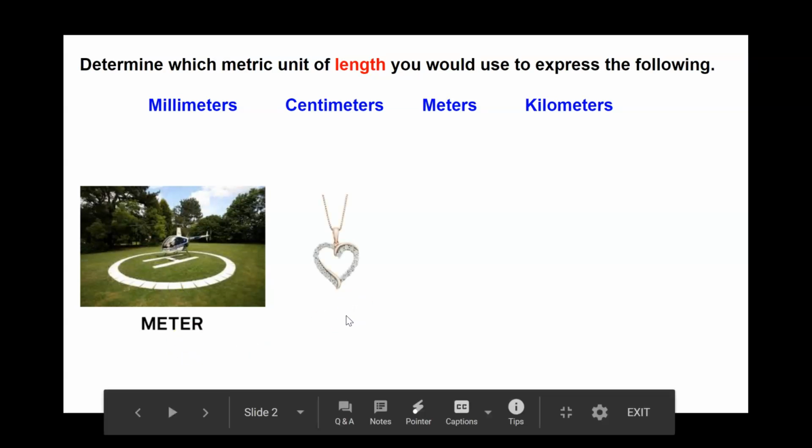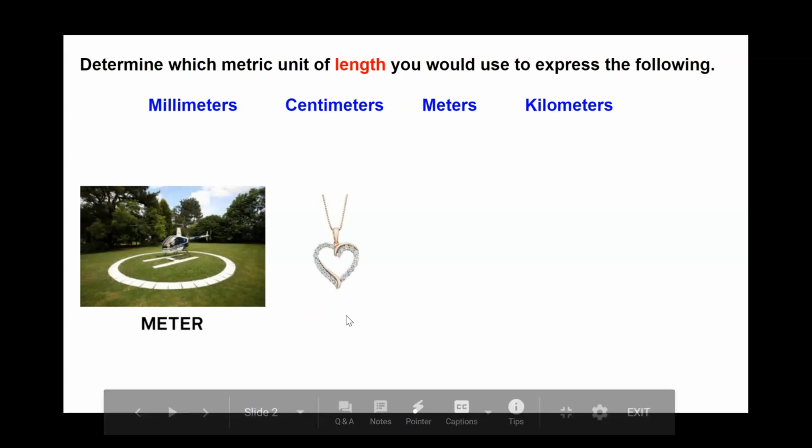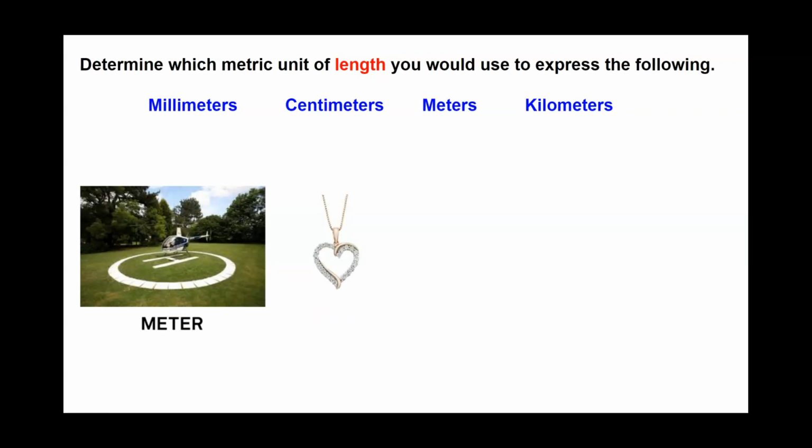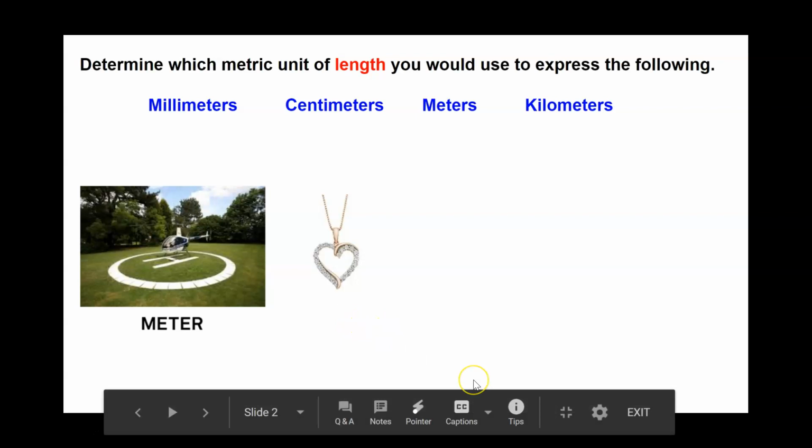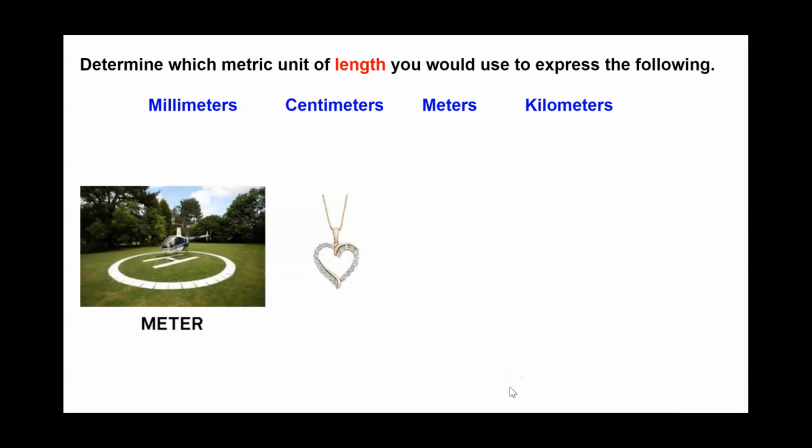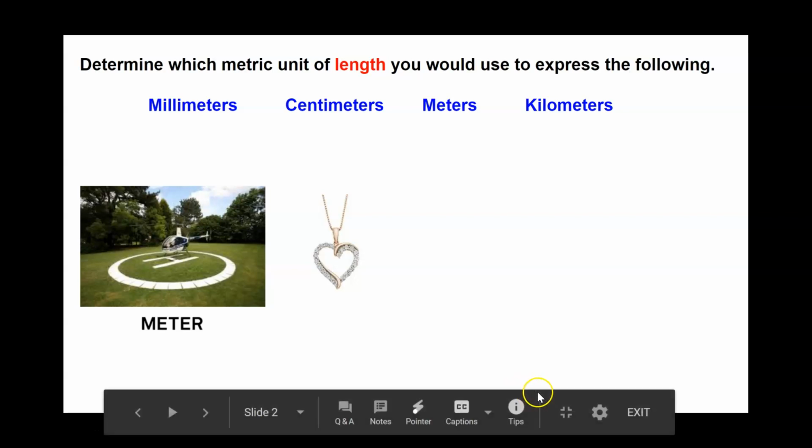What about a little necklace? We're going back and forth between centimeters and millimeters for this one. Keep putting that question mark there. Stop putting the question mark.